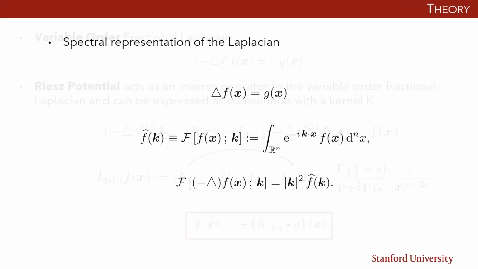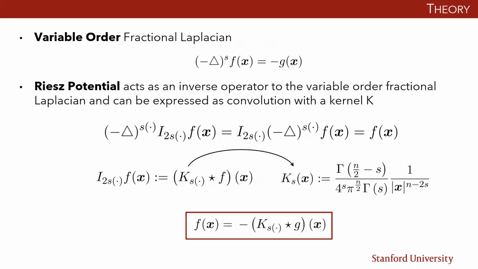Extending on that idea and using arguments that involve Green's functions, you come to this Riesz potential, which acts as an inverse operator to the Laplacian and can also act as an inverse operator for the fractional Laplacian of a variable order. That's what I've shown here in this first line.